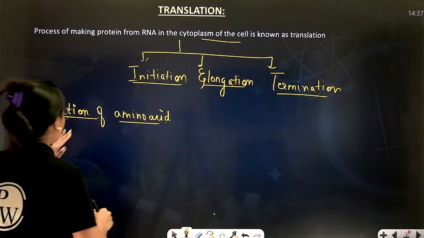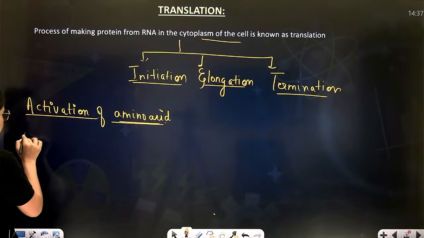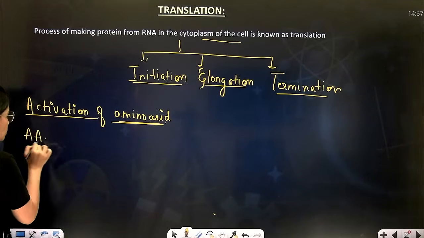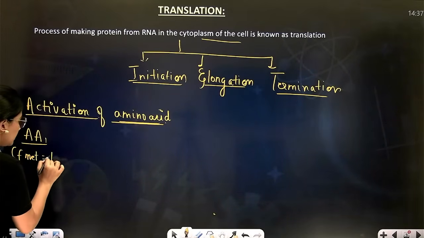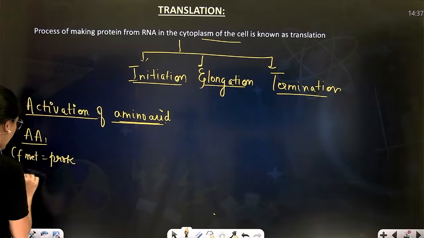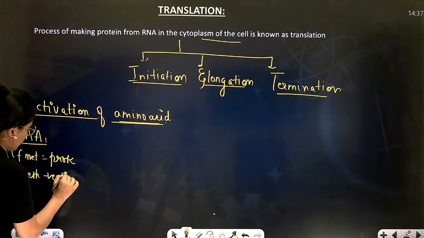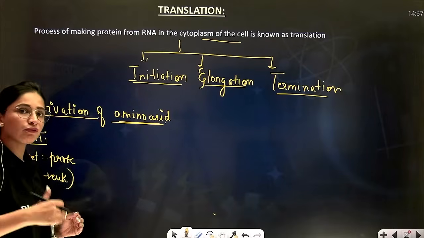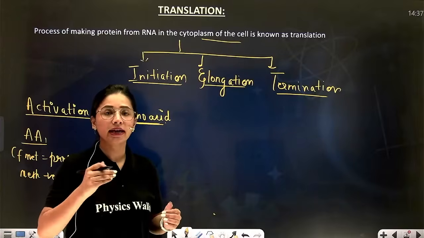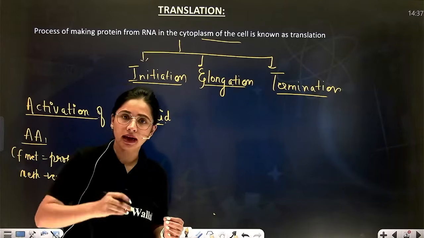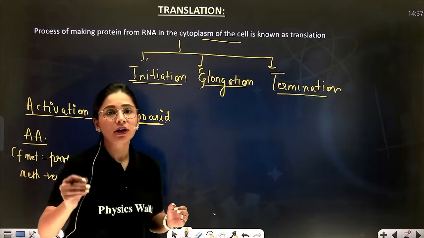Now, first we are going to start with activation of amino acid. That means amino acid 1, which is usually formylated methionine in case of prokaryotes and only methionine in case of eukaryotes. Amino acids, before they enter into the process of translation, first need to get activated so that they can be attached to their specific tRNA.